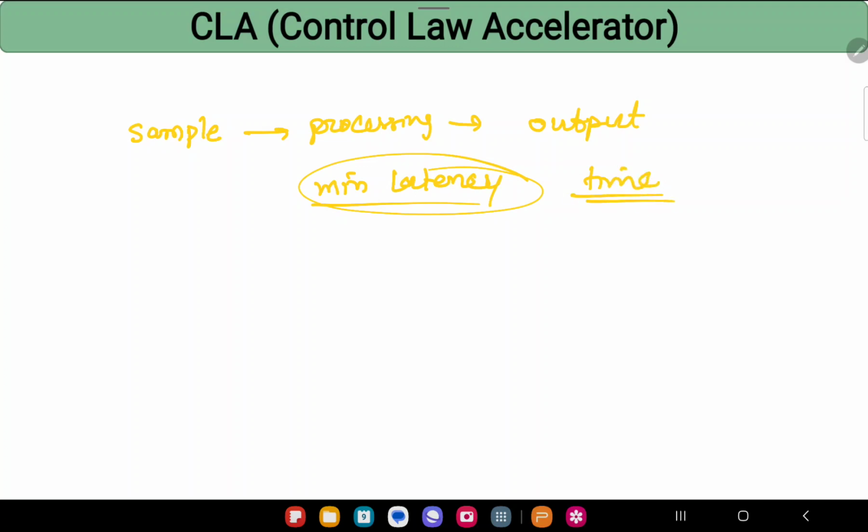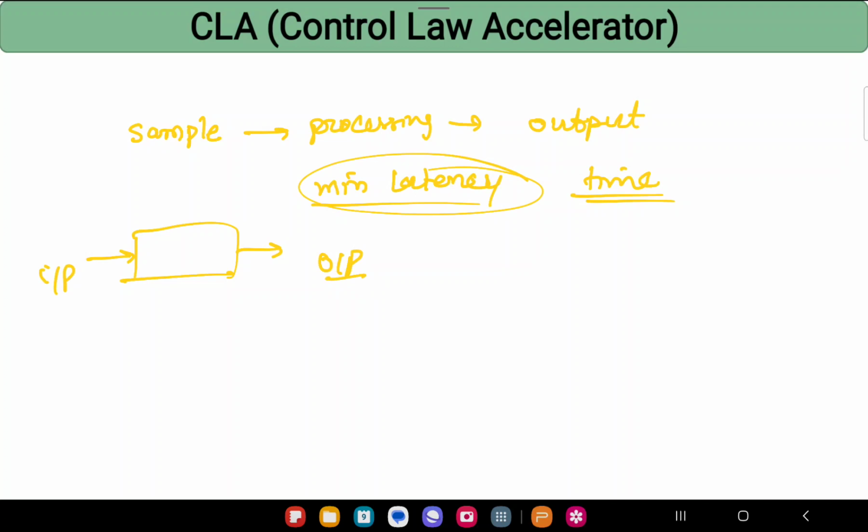There will be some time frame, and within this time frame all the computations should happen: you should use the input and you should get the outputs. So there should be a fixed time frame.